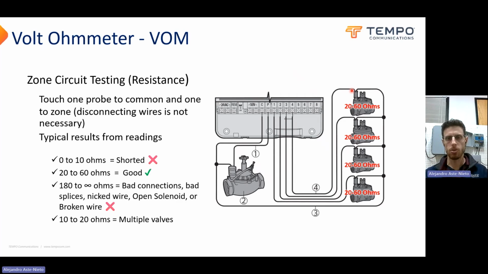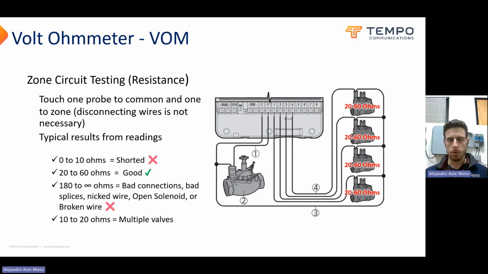It's going to be small in comparison to the amount of resistance that the solenoid is introducing into the circuit. So if you have voltage here on station 4 between common and terminal 4, it's going to be pushing current through the wire without much resistance, and then the solenoid is going to be adding the bulk of that resistance, and then we're back to free flowing through good wire all the way back to our terminal here.